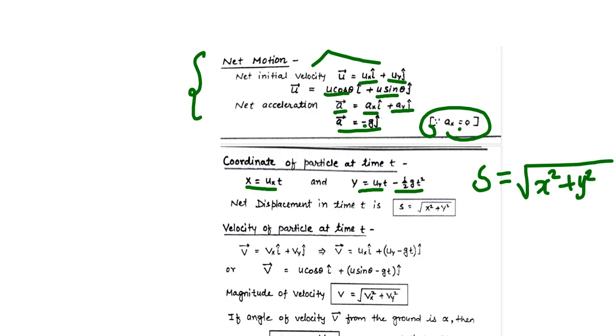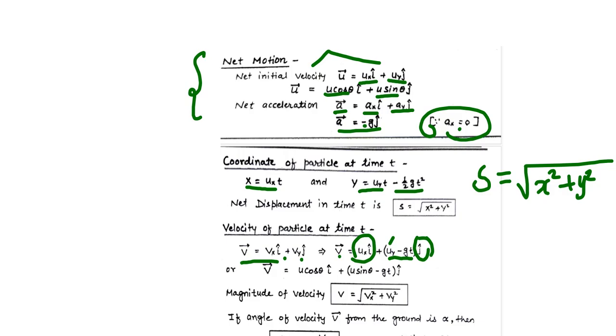If you want the displacement, you take x square plus y square, and take the root. Now, the velocity of the particle at time t: we write v equal to vx i plus vy j, which is ux i plus vy j, where vy is uy minus gt in the y direction. I'm not writing u sin theta right now, just to represent the components.